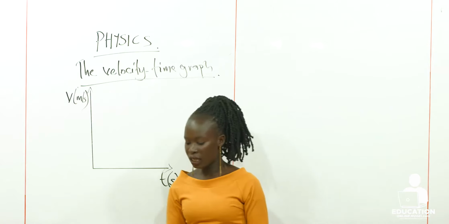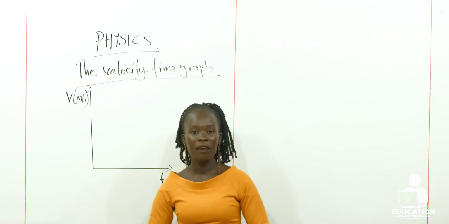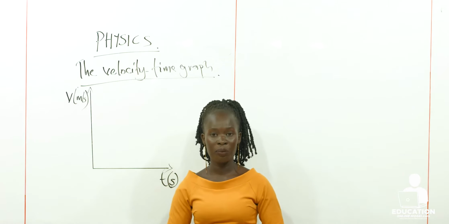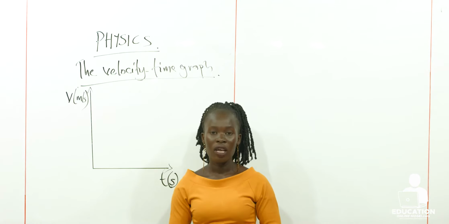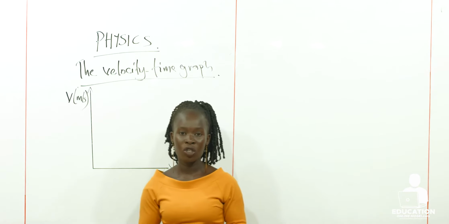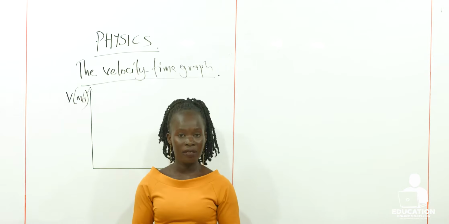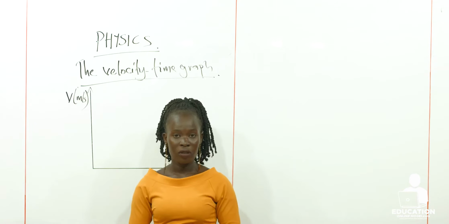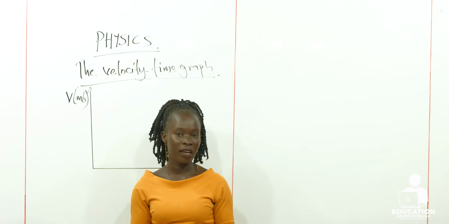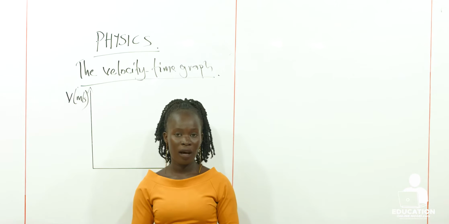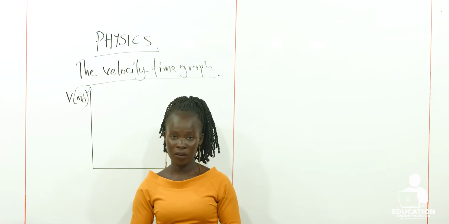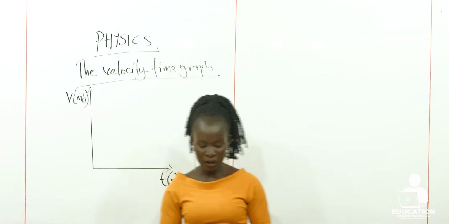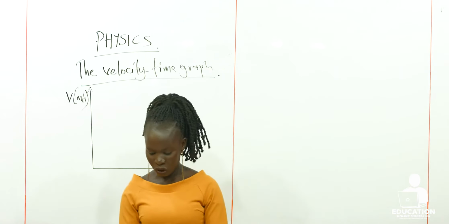In the graph you can find a steep line. What does this steep line show? Also there are curves in the graph. When it is a curve, the body is moving with non-uniform acceleration. Let us take a look at some of these lines I'm talking about.